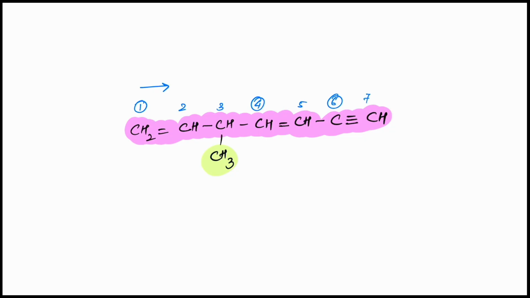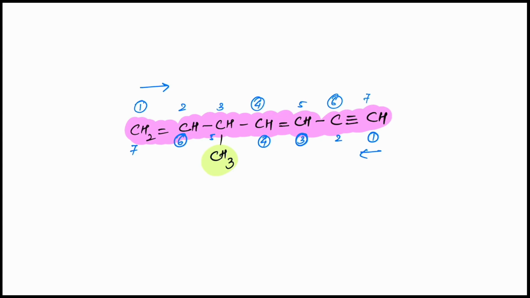If you go from right to left, you have the first triple bond at carbon atom 1, then a double bond at carbon atom 3, another double bond at carbon atom 6, and then 7 carbon atoms in total.